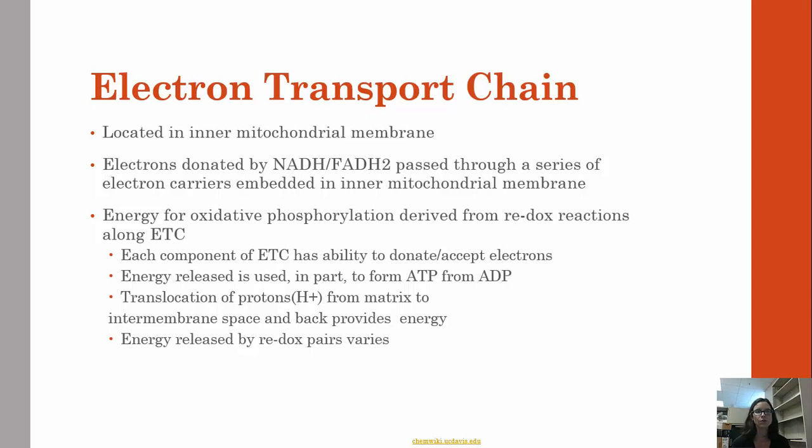The electrons released are used in part to form ATP. Now, the translocation of the protons, which we will get into, and if you're confused now, I will hopefully clear it up. Translocation of protons from the inner matrix of the mitochondria to the intermembrane space and back into the matrix provides energy, and this also forms ATP.